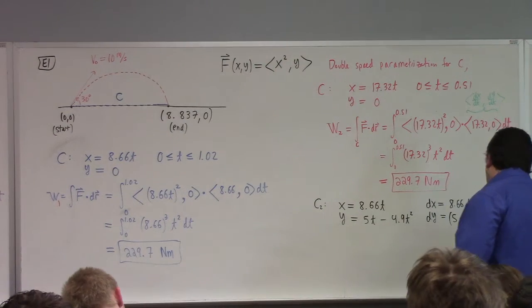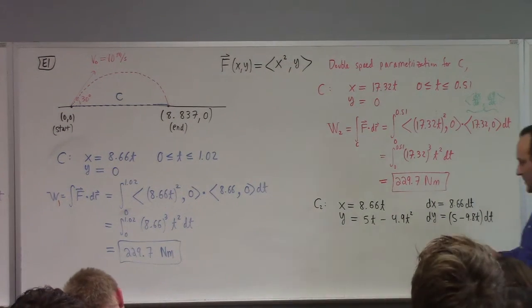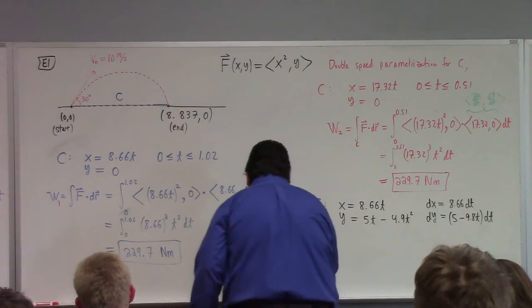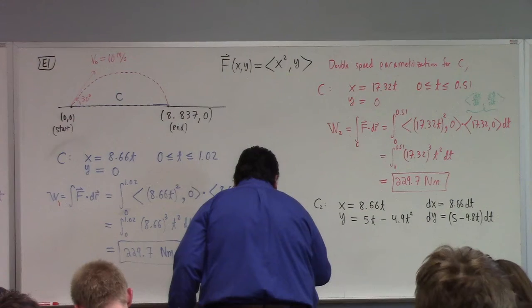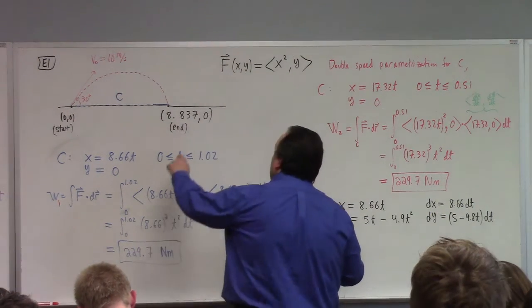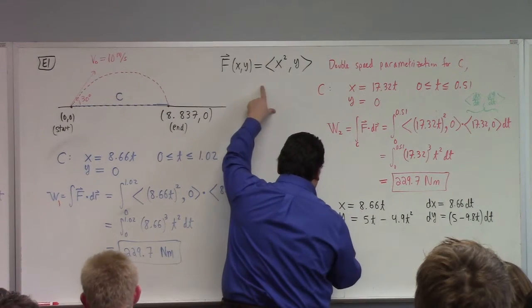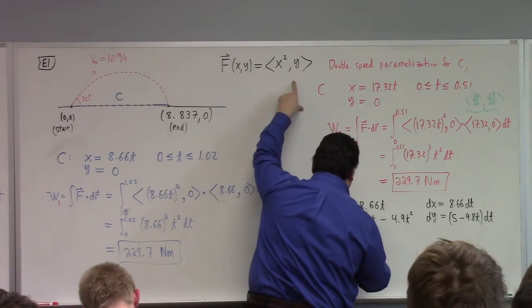So we can take the differential of x, we can take the differential of y, and then actually the notation that a lot of people like to use, and it's a good notation, F dot dr, for this one, we can write formally like this. It's the integral over the curve of x squared dx plus y dy.